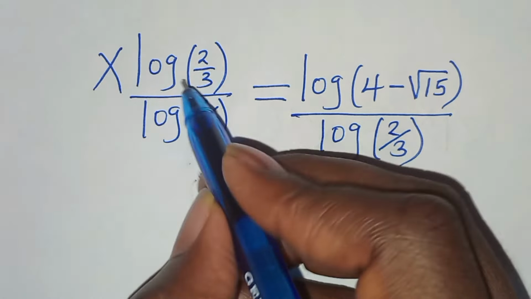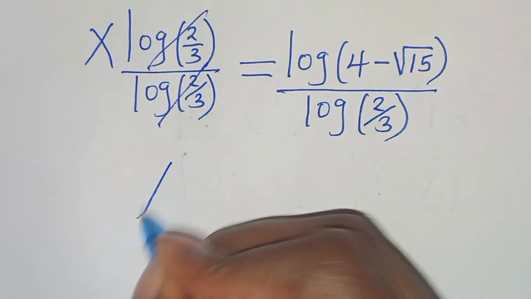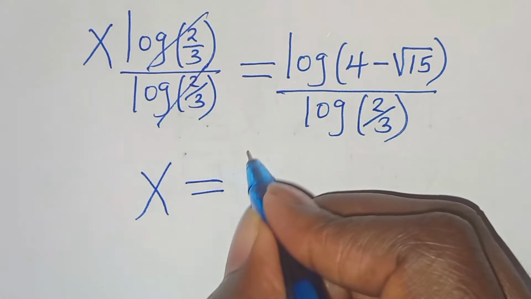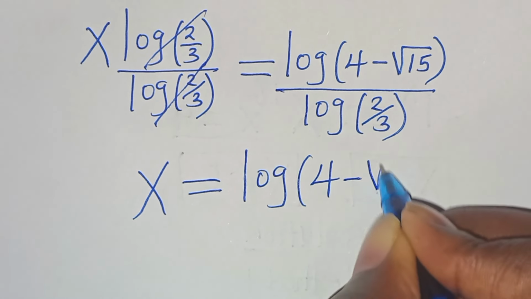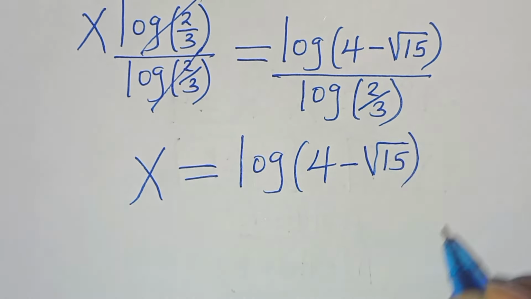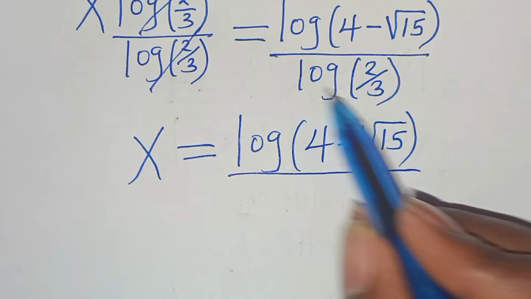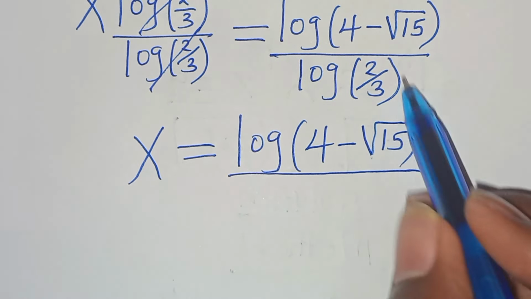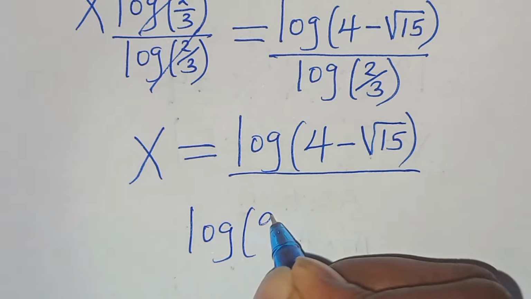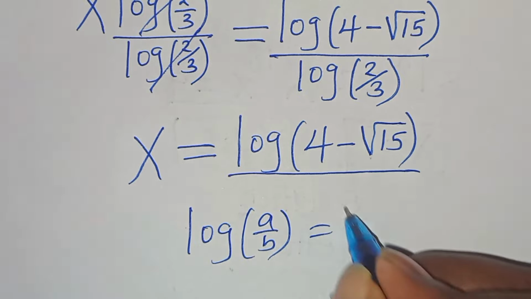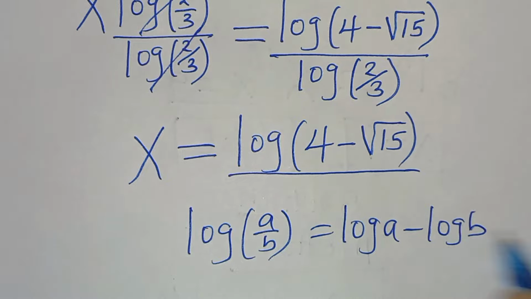Now let's simplify log 2 over 3 so that x is equal to log 4 subtract square root of 15 divided by log 2 over 3. This is in the form of log a over b, which we can express as log a subtract log b.